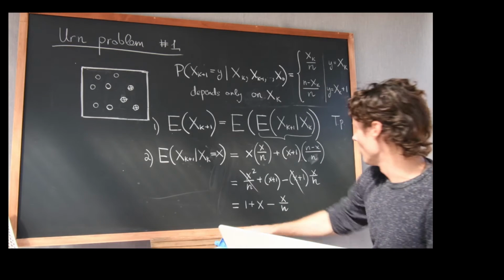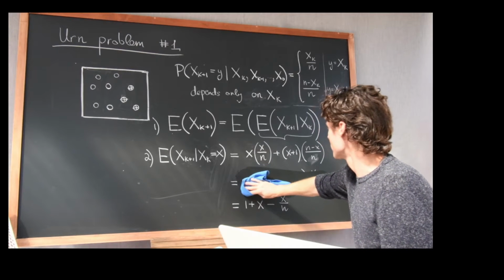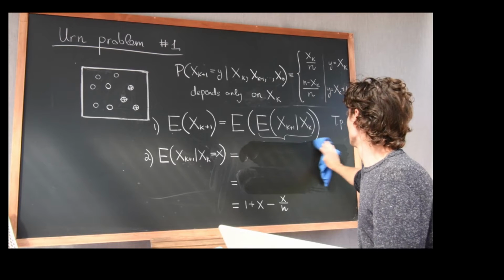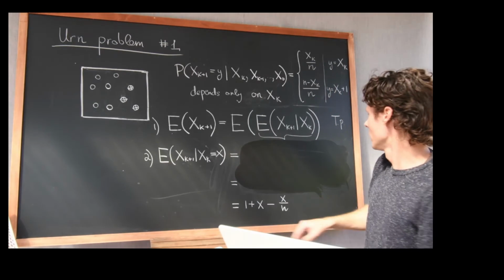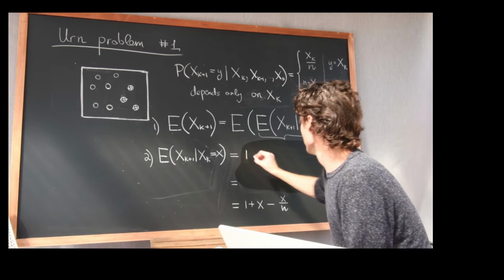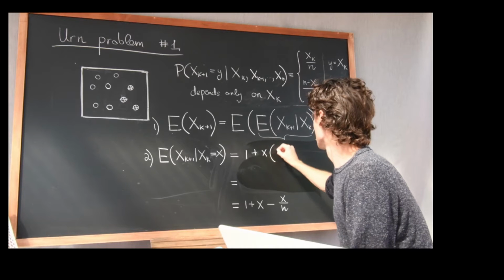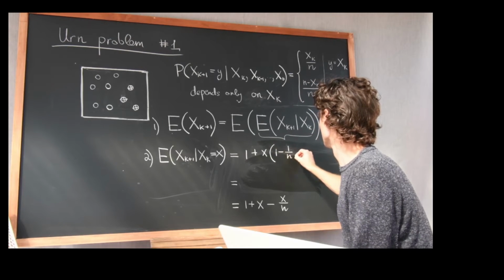Let me backtrack and fill in the answer up here. So I'll get 1 plus x, 1 minus 1 over n.